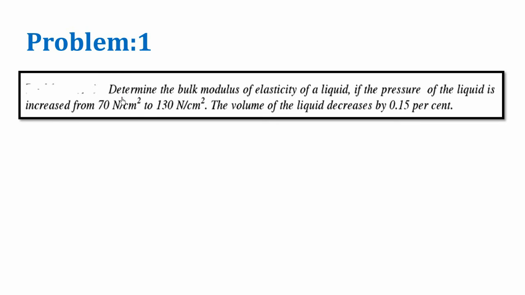Okay, we need to calculate the bulk modulus, that is the K value of the liquid, if the pressure is increased from 70 to 130 and the volume of the liquid decreased by 0.15%. So the given volumetric strain is 0.15%.